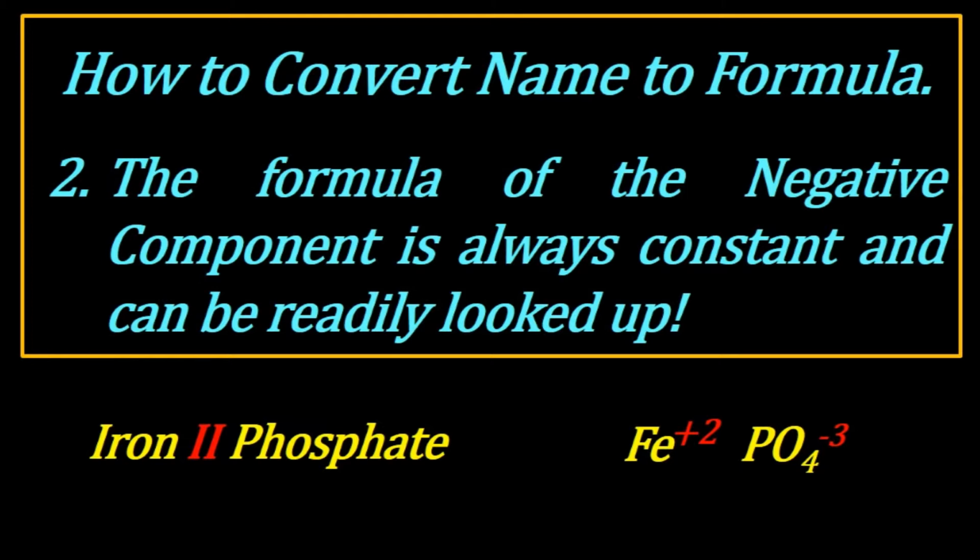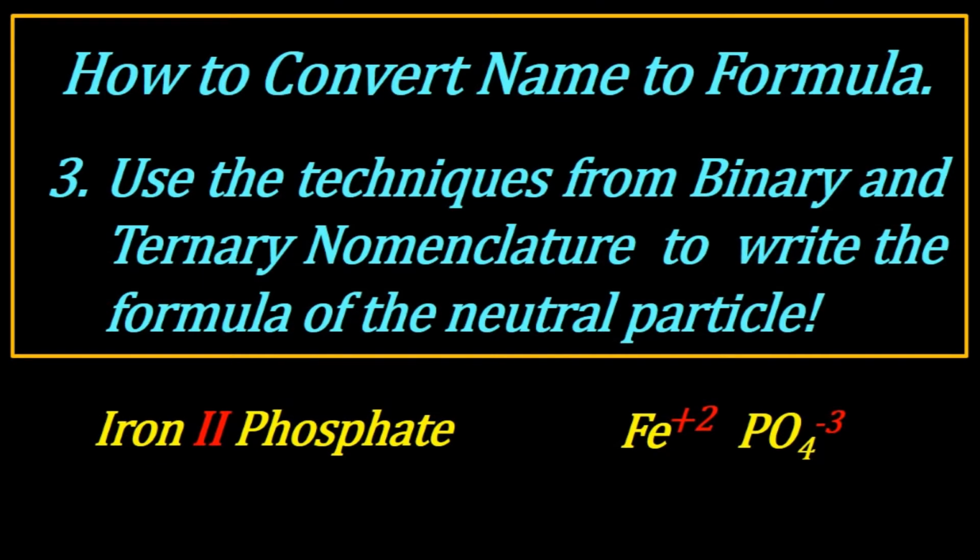Now we want to use the techniques from binary and ternary nomenclature to write the formula of the neutral particle. Remember, the reason iron reacts is because it goes from its ground state, where it has an equal number of protons and electrons, and forms a charge to be stable.